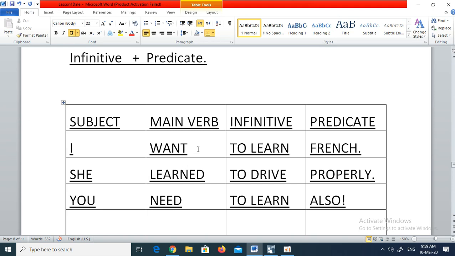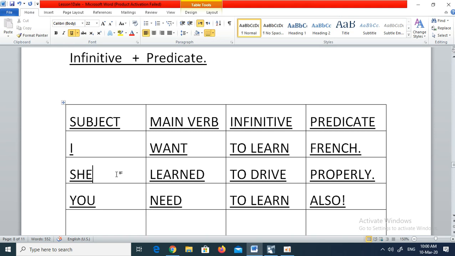Again, if we just stop the sentence at the main verb, I want, then we have a question. Well, what do you want? But once we have used the infinitive to learn, then we know what the person wants. So the infinitive will come always after your main verb, and it carries forwards the meaning of the main verb.